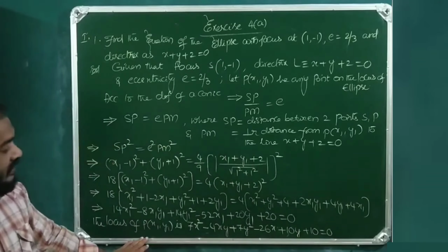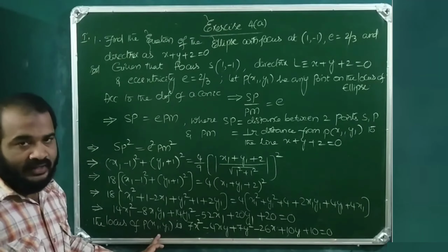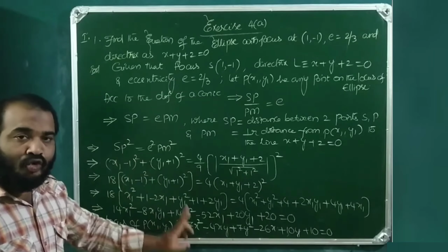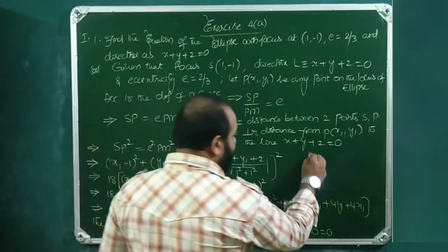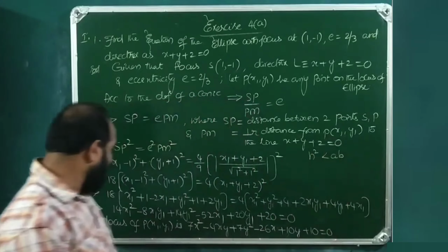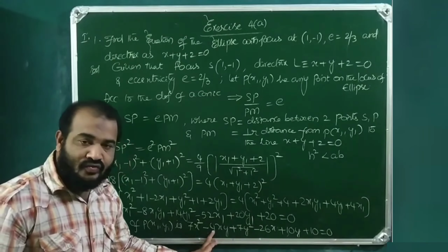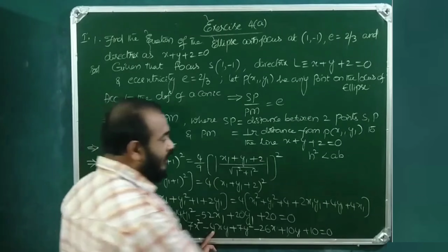This is a second degree non-homogeneous equation. For a second degree non-homogeneous equation to represent an ellipse, h² is less than ab. What is h here? 2h is minus 4, so h is minus 2 and h² is 4.